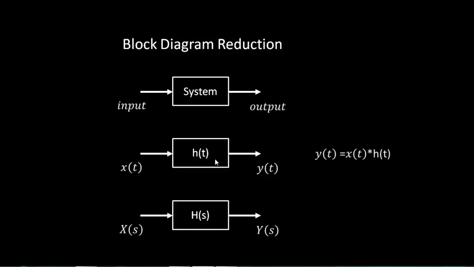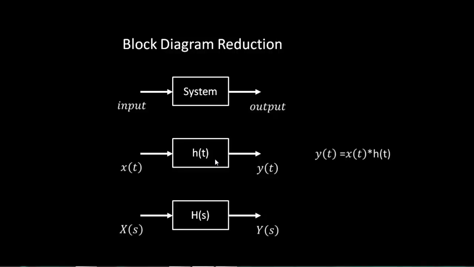Generally when we are writing functions of t, sometimes we may miss writing t, like we write x plus y equals 2. Here x is literally a function of time, y is also a function of time, but we forget.